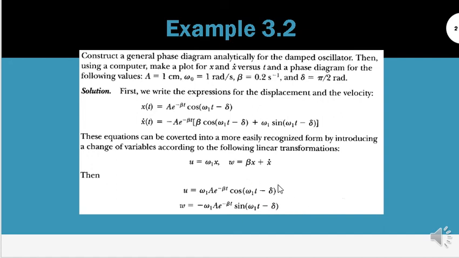As you can see, this equation reduces into equations which just contain a cosine and sine term, so we can use some technique to graph that.